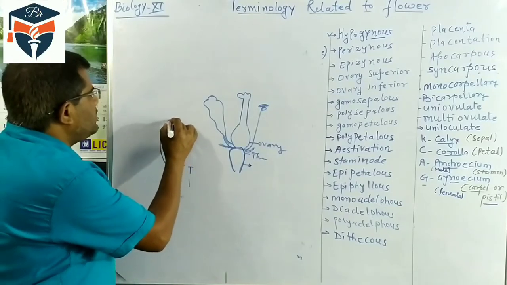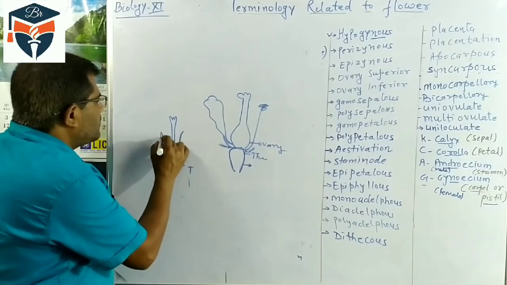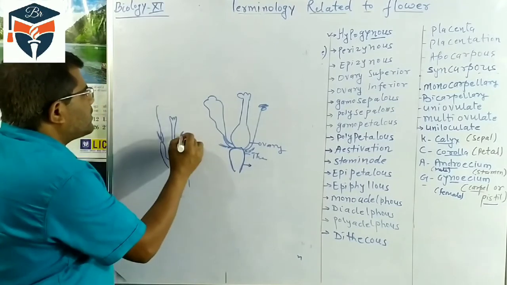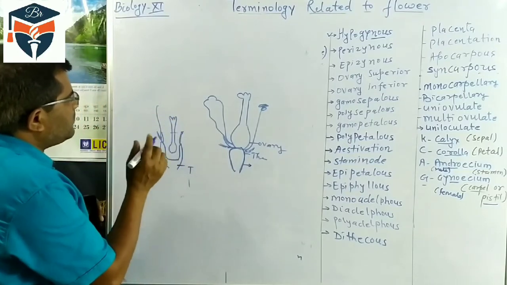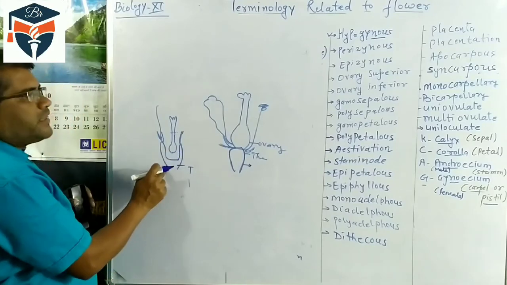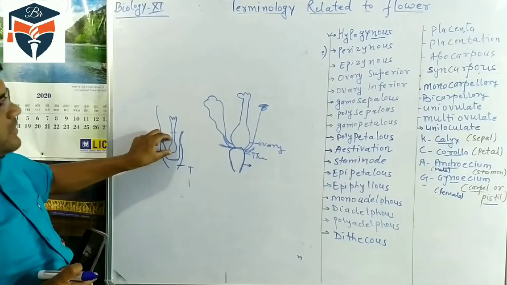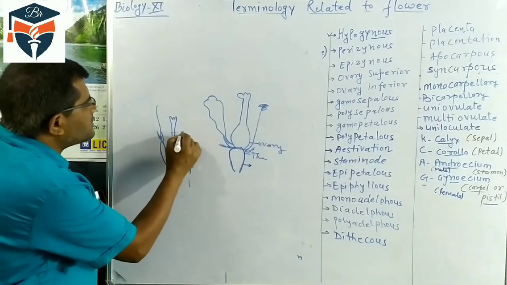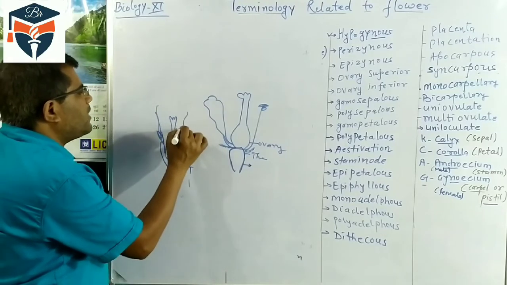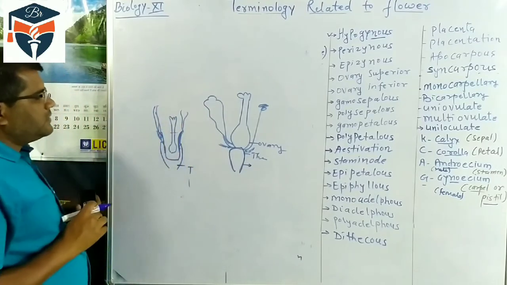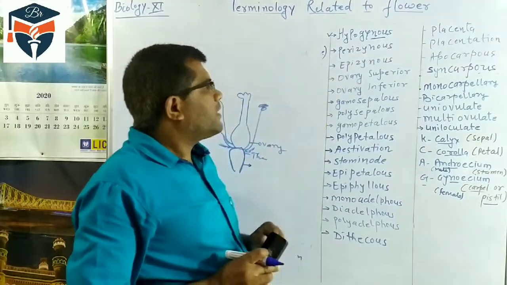If the ovary is half inside the thalamus and the other parts arise from the rim of the thalamus, this is the part of the thalamus, and from this region the other parts of the flower arise. So this type of flower position is called perigynous.